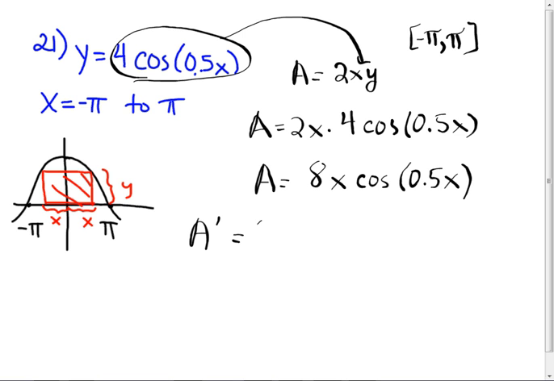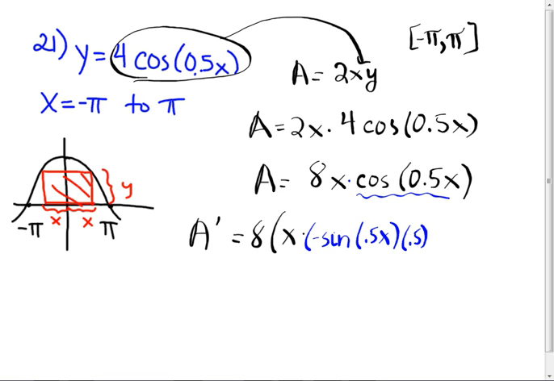So it's 8, it's x times the derivative of the cosine. What's the derivative of this thing? Negative sine of 0.5x times 0.5. Why did you use the product rule? This x is not that x.